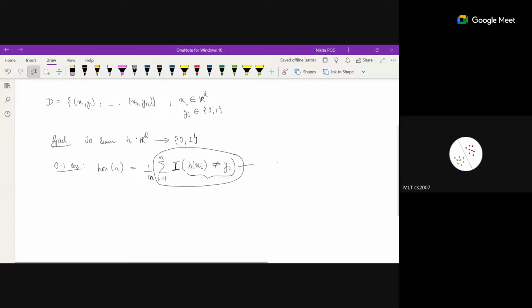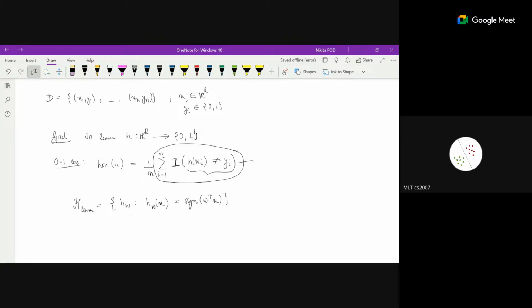So we will restrict to the space of functions where we define H linear to be the set of all functions for which h of w of x is given by sign of w transpose x. This is how the linear function is defined.